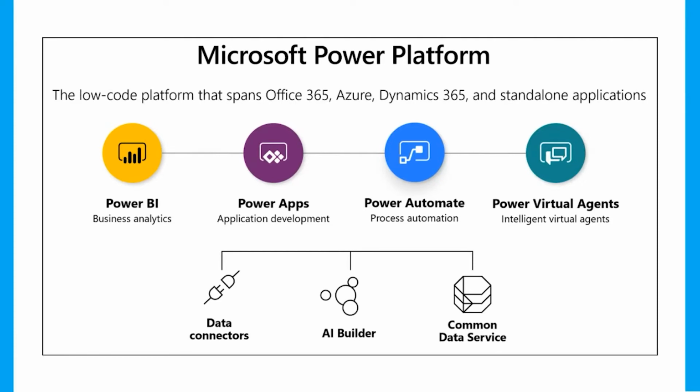And then some new products which are coming to the Power Platform, things like Power Virtual Agents. So this is intelligent virtual agents, i.e. bots, which are going to be able to interact with not only your internal employees, but external customers as well.